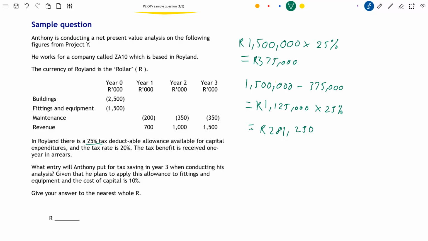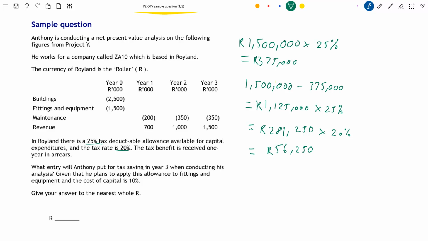And now we can calculate the tax saving by multiplying this by the tax rate, which is 20%. So $281,250 multiplied by 20% gives us a figure of $56,250. So this is the tax saving on capital expenses in year 2.